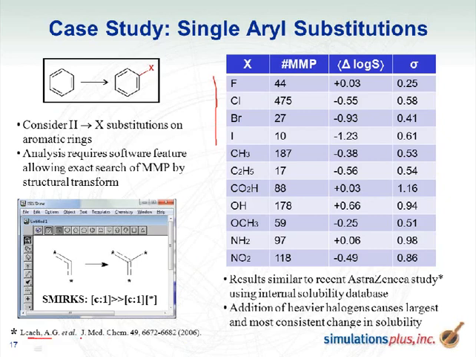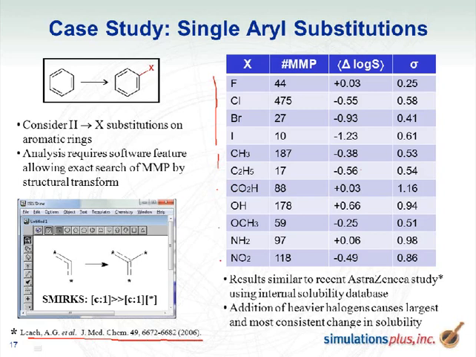I do want to mention this publication by Leach et al. from AstraZeneca that was published in 2006. It's a very nice article, and if you read it, you'll recognize some of the examples presented in this webinar. If we compare adding a methyl group to an ethyl group, the ethyl group decreases the solubility more than the methyl group.